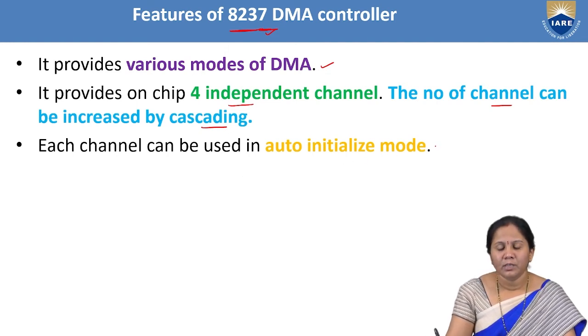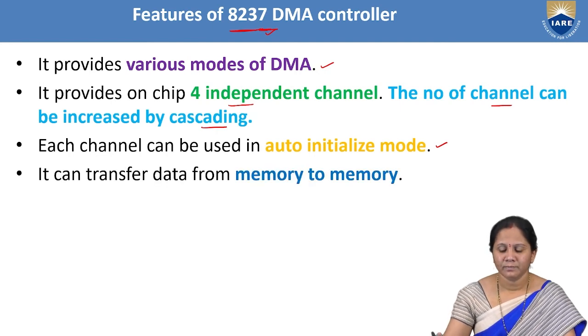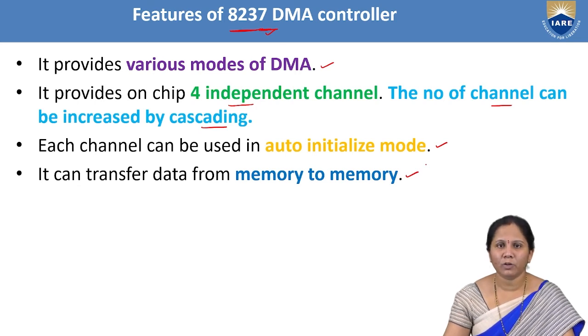And so in 8237 DMA controller, each channel can be used in auto initialize mode. That means automatic initialization of the registers is possible in each channel. And it can transfer data from memory to memory also.